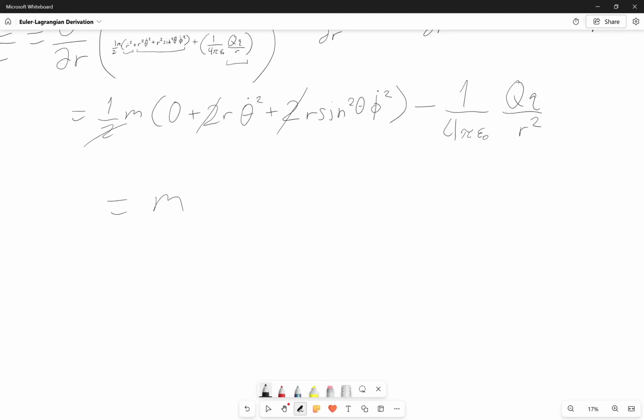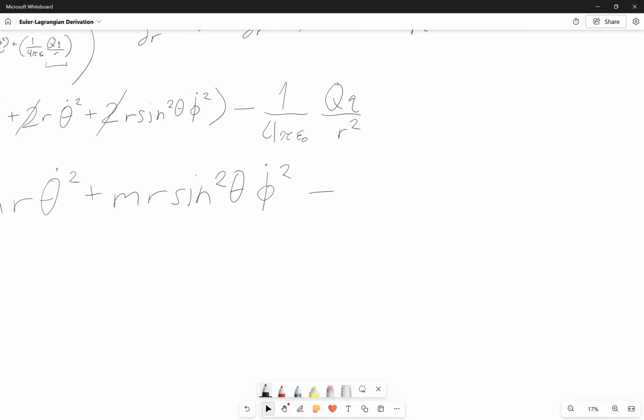This will be m times r times theta dot squared plus m times r times sine of theta squared times phi dot squared minus the electric constant and then the product of the charges over r squared.